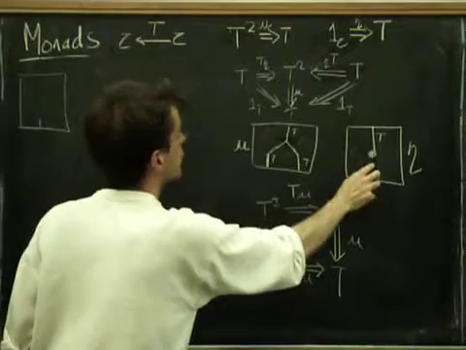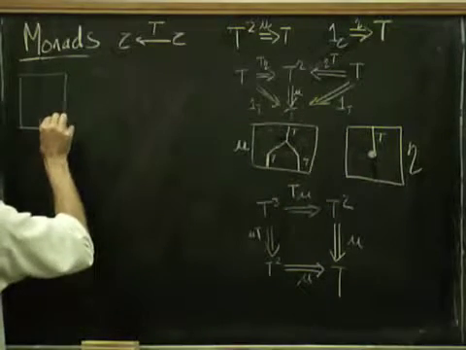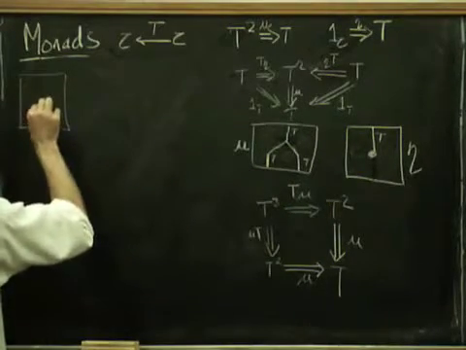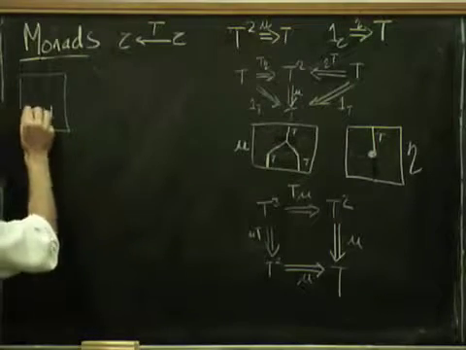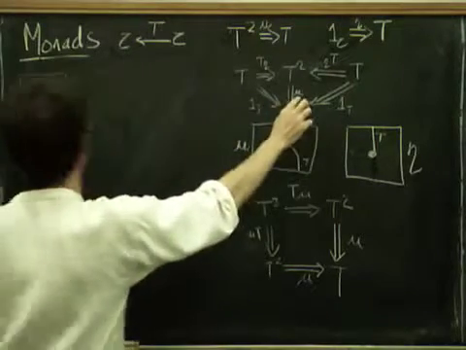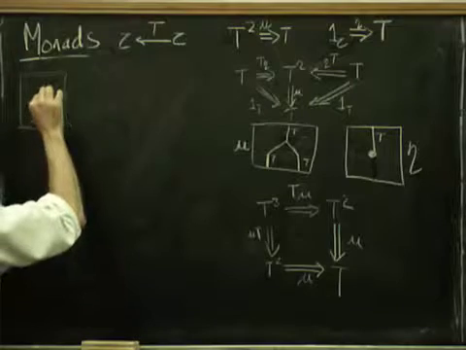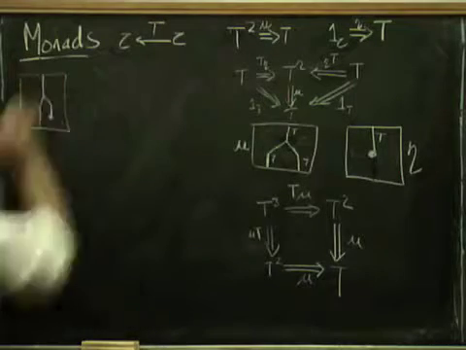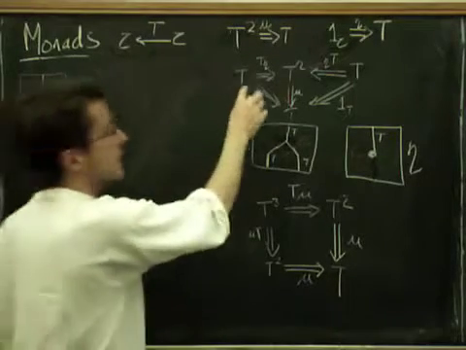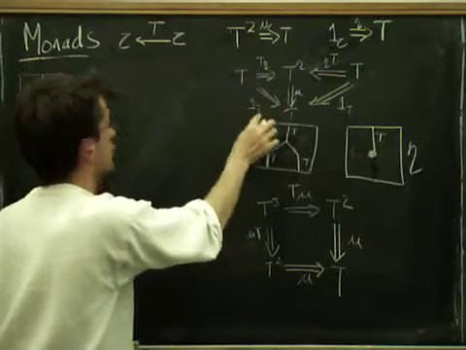So we have a little eta on the right. That's the first natural transformation, and then we have to do mu. So we multiply these two together. We just draw that, and that has to equal the identity natural transformation on the t.